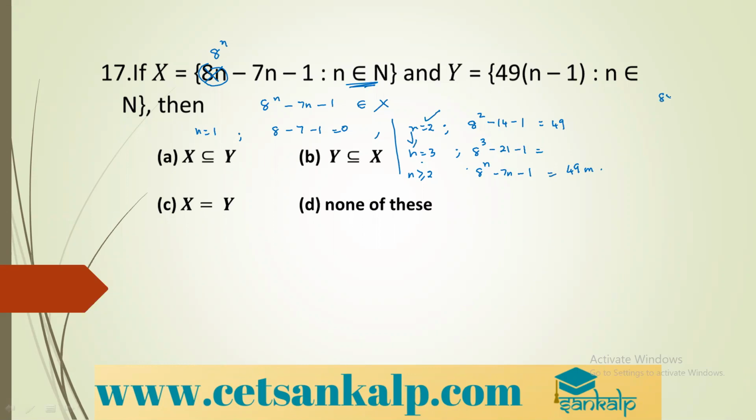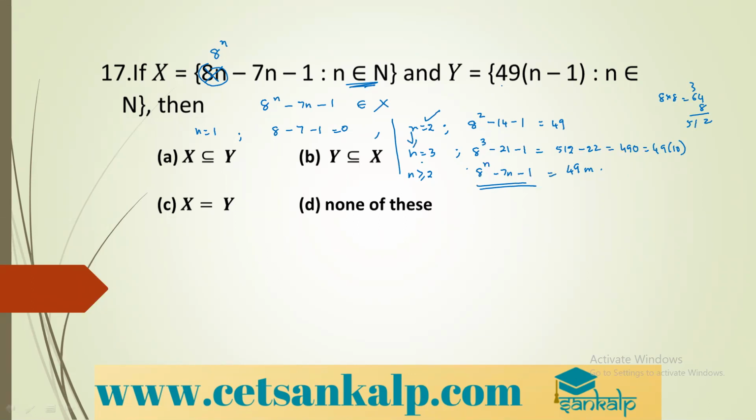What is 8 cube? 8 into 8 is 64, into 8: 8 4s are 32, 8 6s are 48, 512. From 512, you will subtract 22. When you subtract, what will you have? 490. This is also a multiple of 49, since 49 into 10 is 490. So always in the set X, 8 power n minus 7n minus 1 will be a multiple of 49.